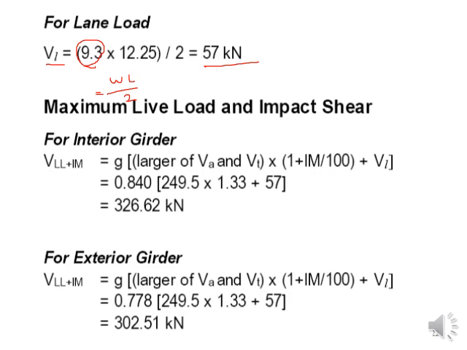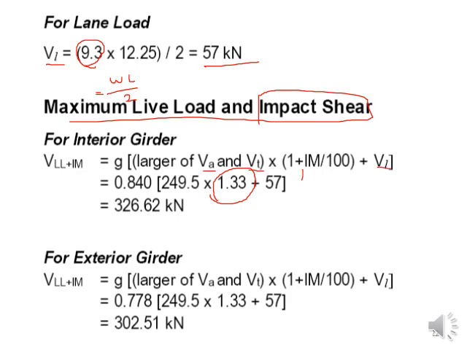Now come to the maximum live load and impact shear. Impact shear means the dynamic load allowance factor has to be used again for the shear case. Here again it is the same formula as the moment, but you replace it with the corresponding values of the shear maximum of axial and tandem, and the lane load separately.